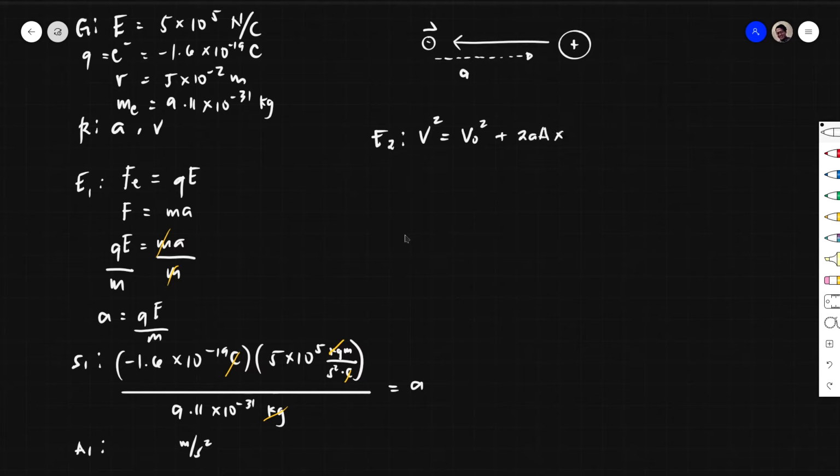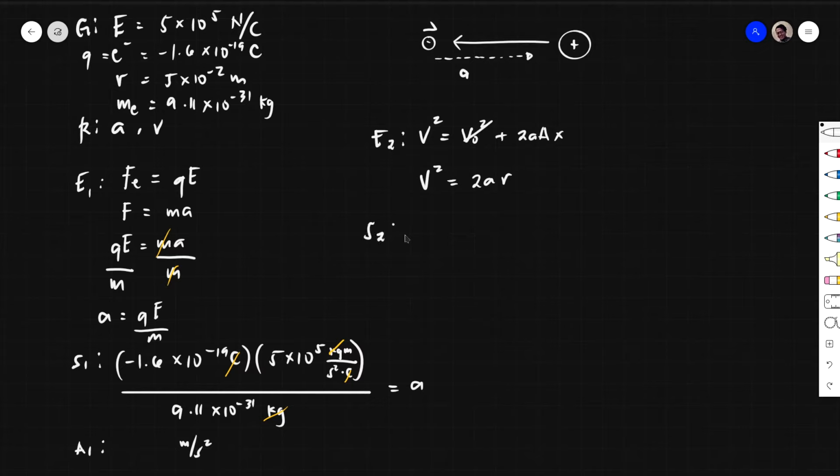Since there's no stated initial velocity here and what we're looking for is final velocity, you just have to adapt the variables. So you have v squared equal to 2a. Instead of delta x, we're going to use r, since that's what we used in our given. And now you can proceed to your solution.